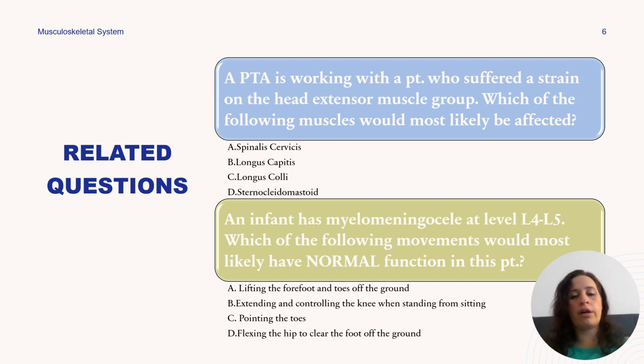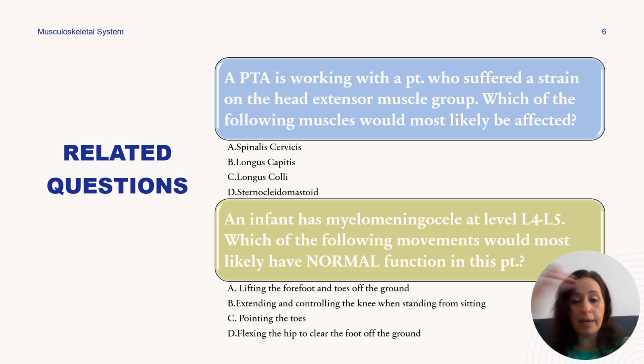So if you are having a lesion at L4, L5, very low in the spine, you already know that this patient probably can move their arms fine, move their trunk fine. Something in the legs is affected, right?